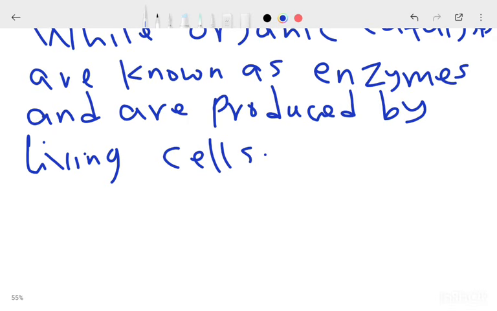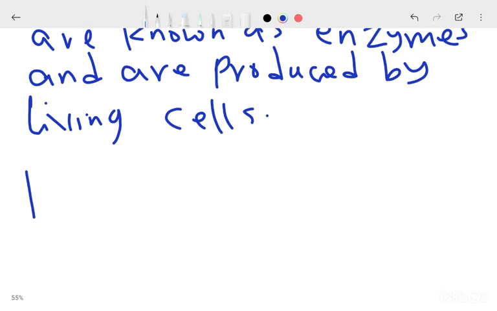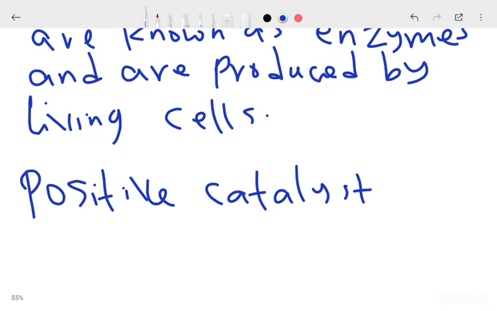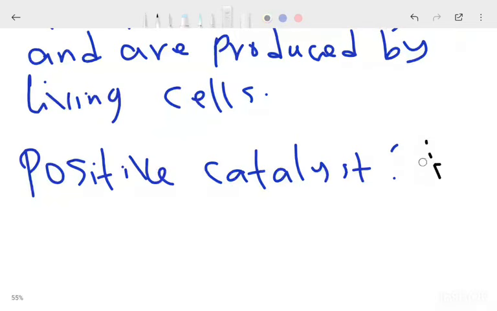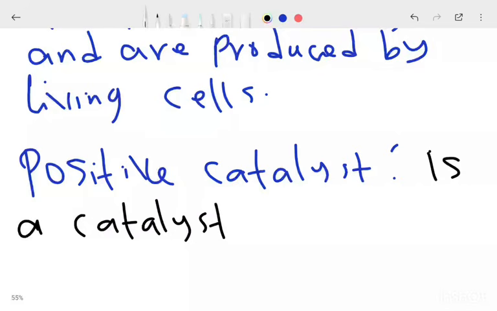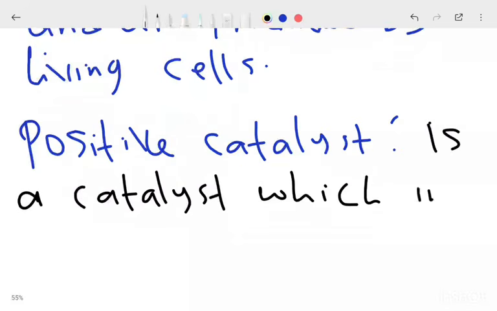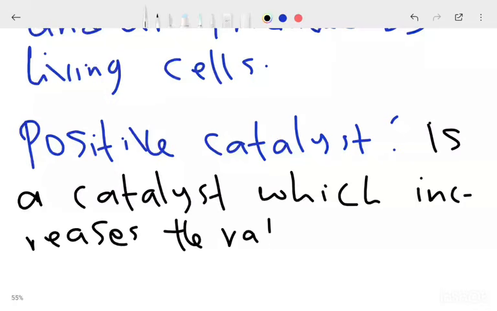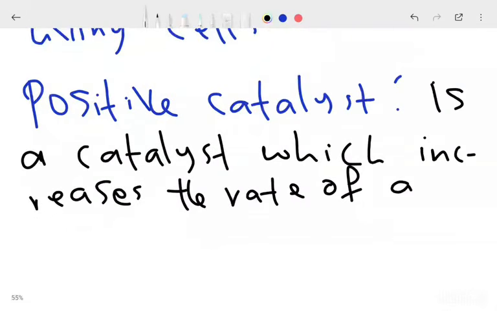So now let's look at the positive and negative catalysts. Now the difference is, in the aspect of positive catalyst, let's just write: a positive catalyst is a catalyst which increases the rate of a reaction.